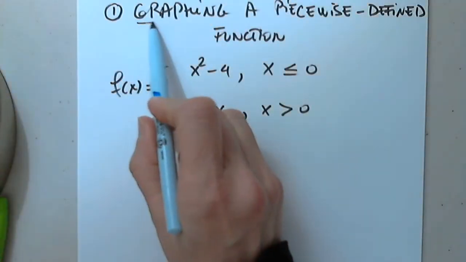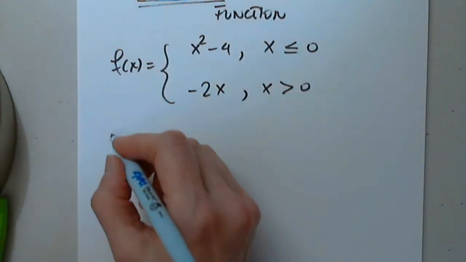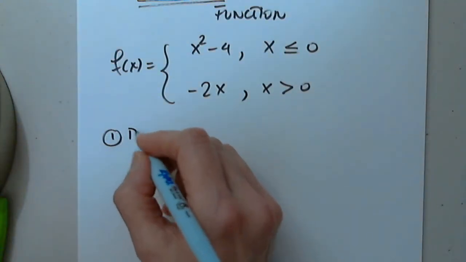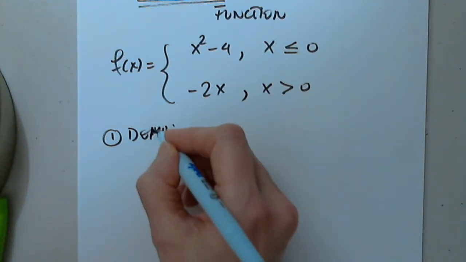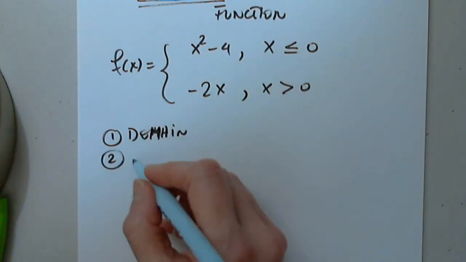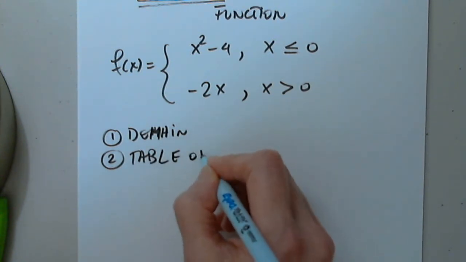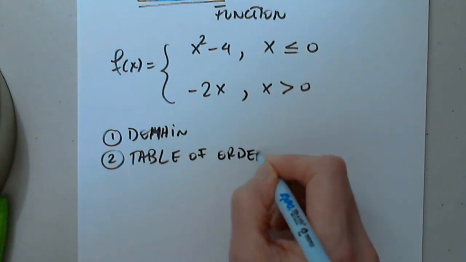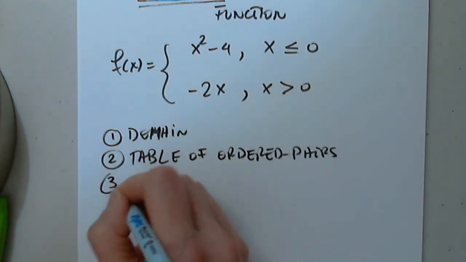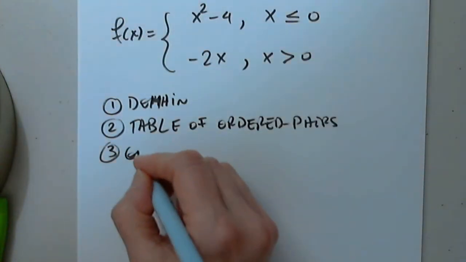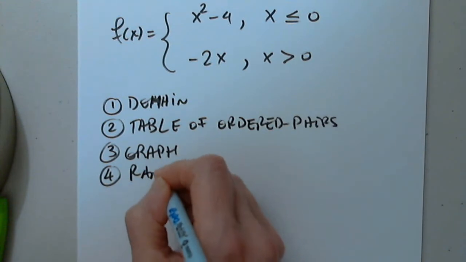So every time we're asked to graph a function, we have to go through the following steps. Number 1 has to be domain. Number 2 has to be a table of values, or ordered pairs better. Table of ordered pairs. Number 3 has to be the graph. And number 4, the range.